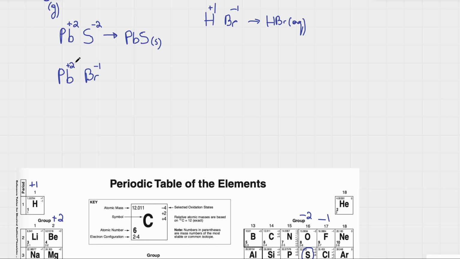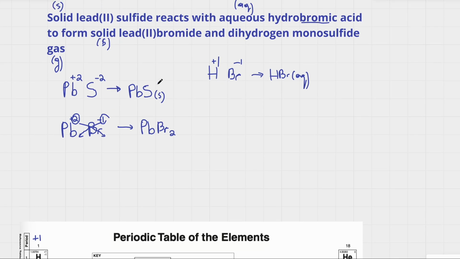Again, I take these numbers and give them as subscripts to their partners, because this is an ionic compound, a metal and a non-metal. So we get Pb1, but I don't have to write 1, and then Br2. Lead(II) bromide is a solid, so let's put a little (s) next to it.